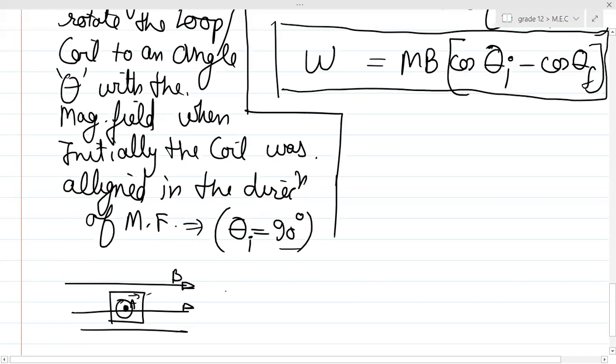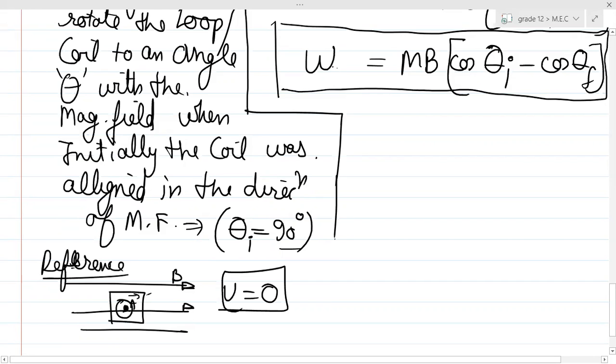So basically here you define the potential energy as 0. This is chosen as the reference. So from here, if I am moving it by an angle theta, then whatever work I am doing is basically defined as potential energy.